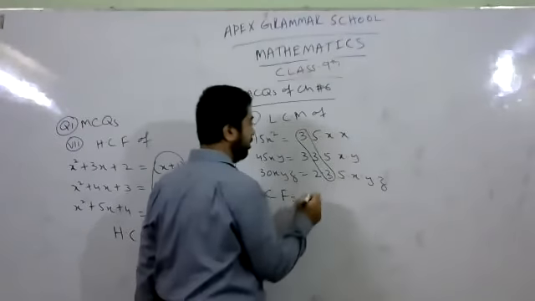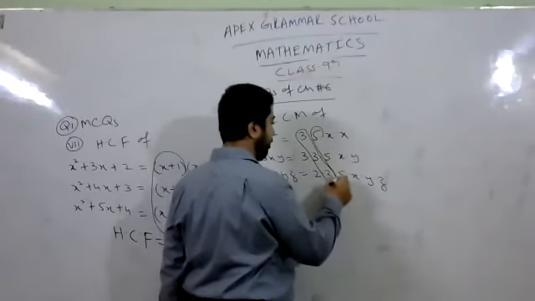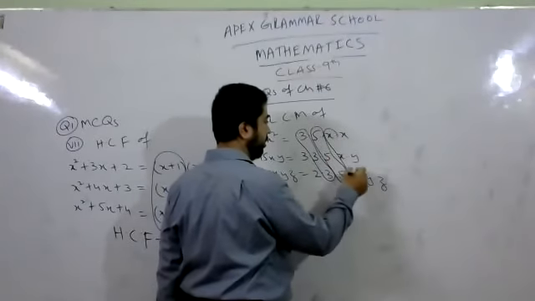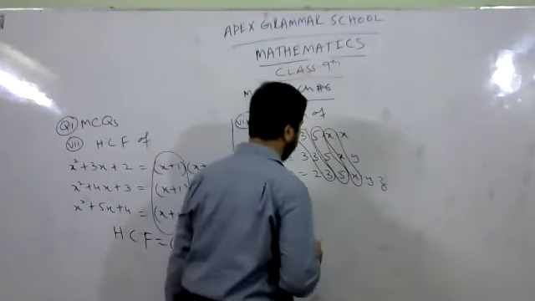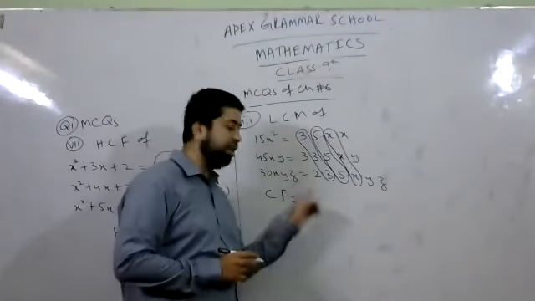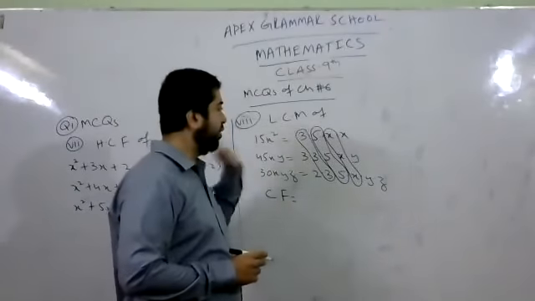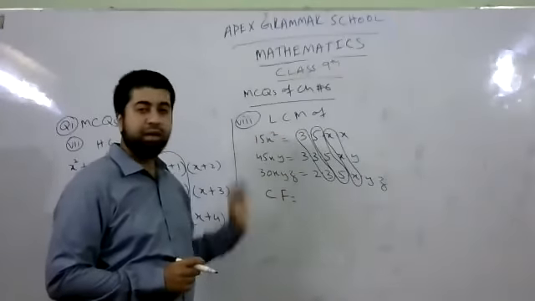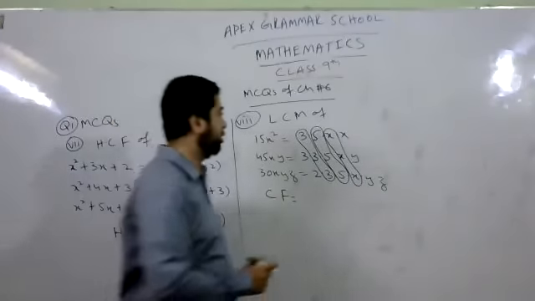Common factors are first this 3, then 5, then x. You can take these common within all 3 expressions. But after that, we need to find common factors within 2 expressions.